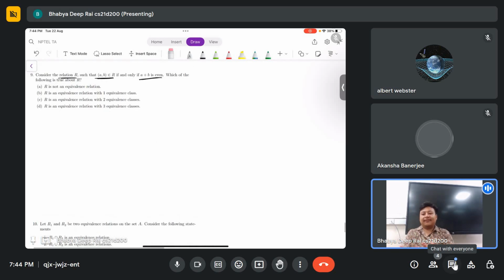So is it an equivalence relation? If it is an equivalence relation, how many equivalence classes does it form? Or in other words, how many partitions does it induce?